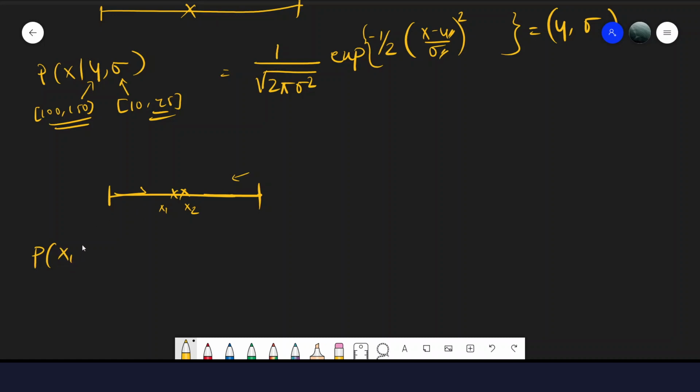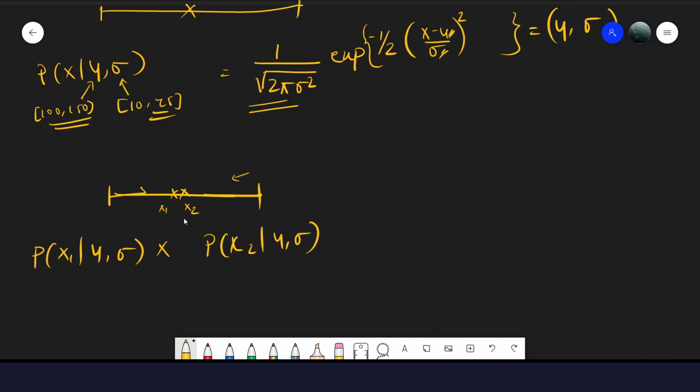So I take p of x1 given mu comma sigma, and I take whatever likelihood value I get from here, using the same technique I used earlier. Whatever likelihood value I get, I'll multiply it with P of x2 given mu comma sigma.